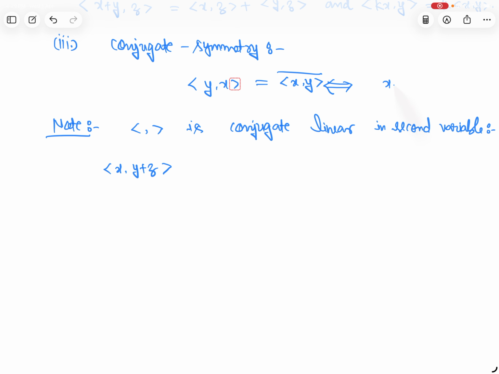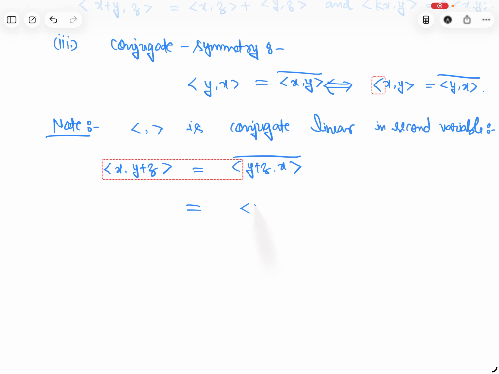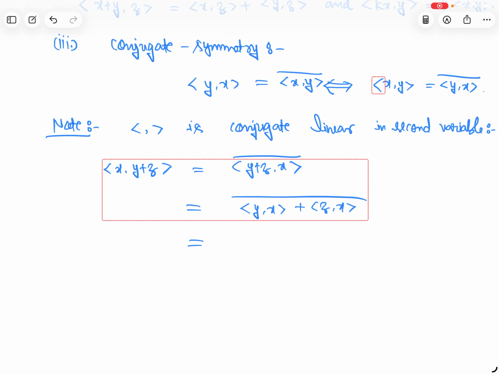This happens if and only if you take the bar on both sides. What is this?